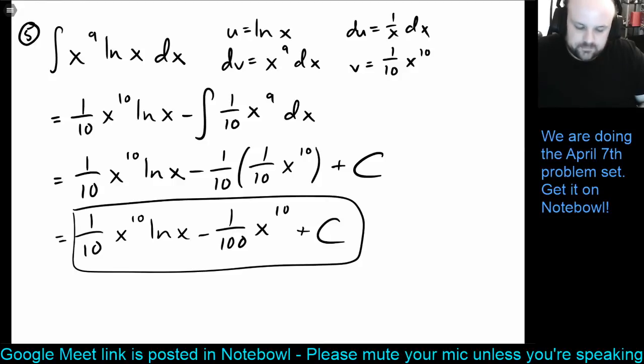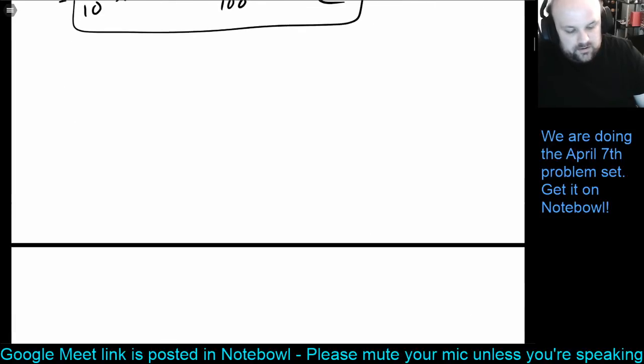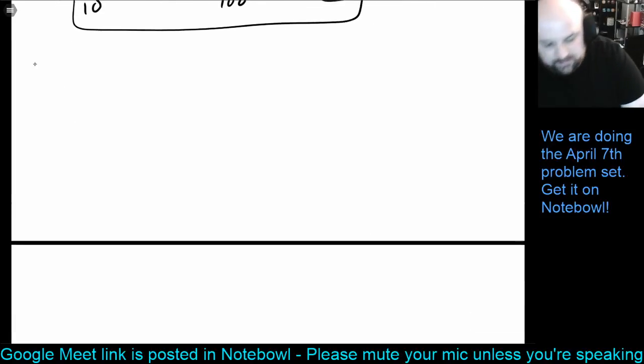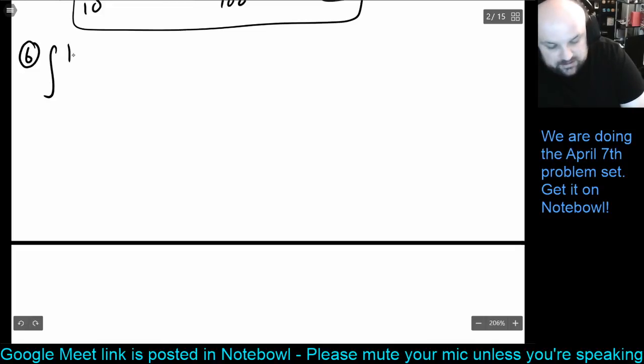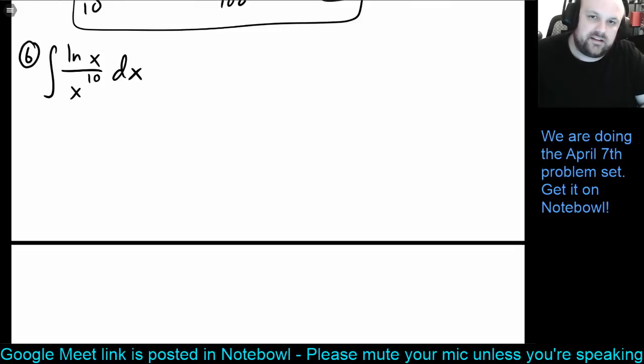So the challenge in integration by parts is picking the u and the dv. All right. So let me write the next problem, and then I'll give you a bit to think about it. So think about that one, and then we'll go over it.